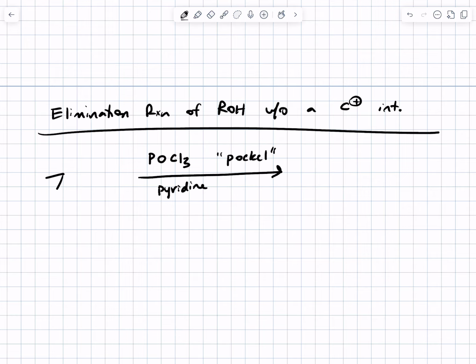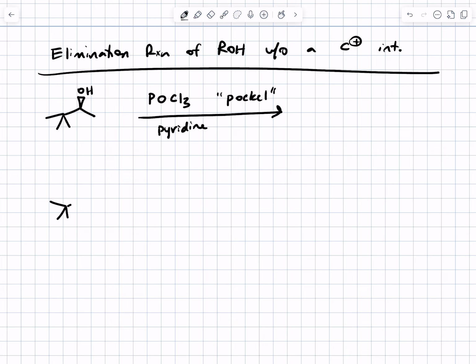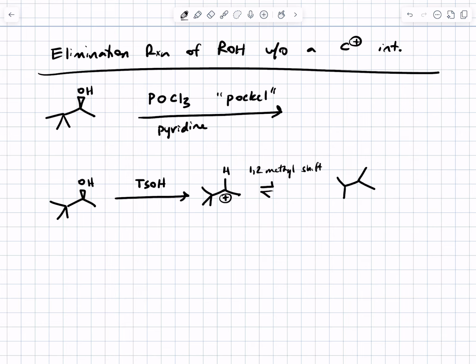So let me draw an example where you've seen carbocationic rearrangement before. Had we used H2SO4 or TsOH to do the dehydration reaction for this molecule, you would have expected to go through a carbocationic intermediate like this that would have undergone a 1,2 methyl shift to give a more substituted, more stable carbocation that looks like this.